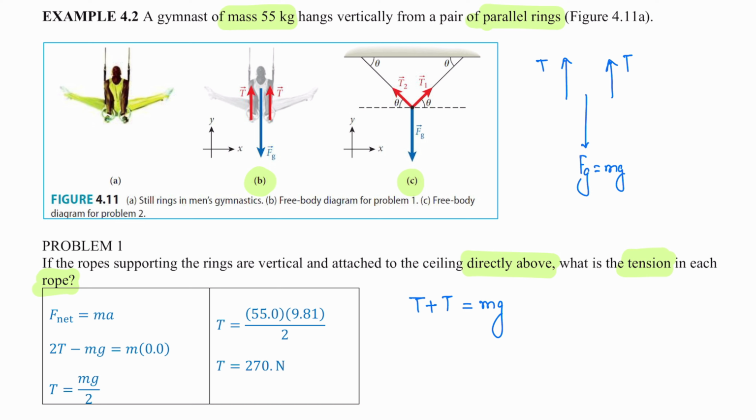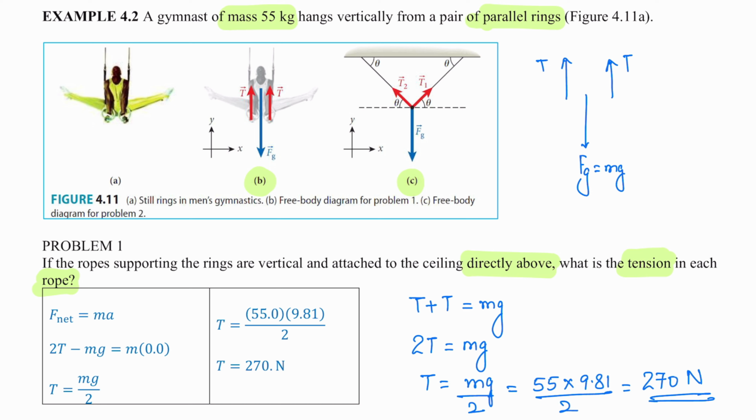T plus T is equal to mg, so 2T is equal to mg, so T is equal to mg divided by 2. Solve the values. The mass is 55, gravity is 9.81, divided by 2. You get 270 Newton.